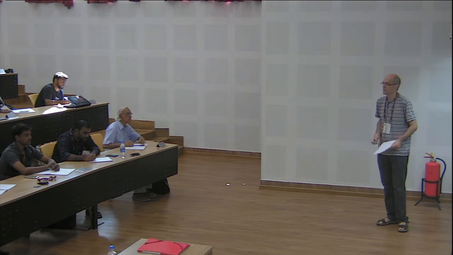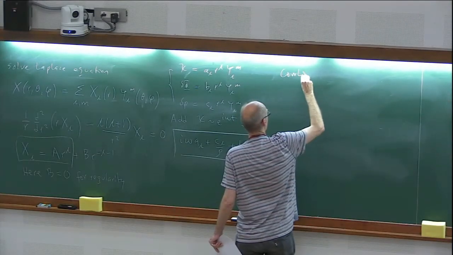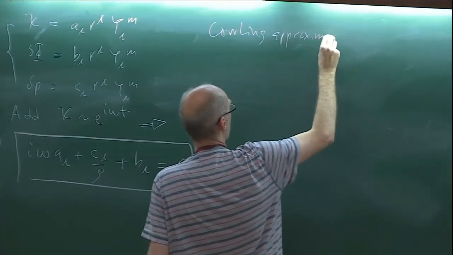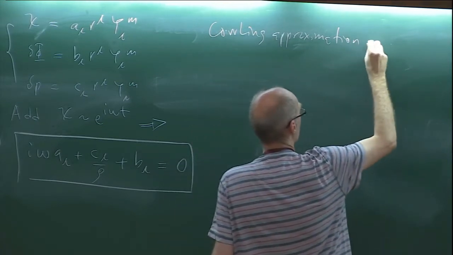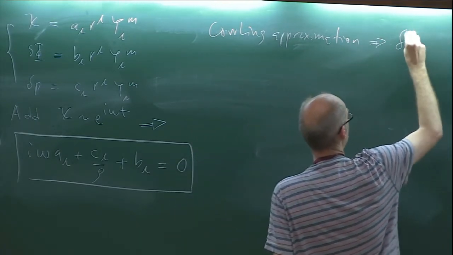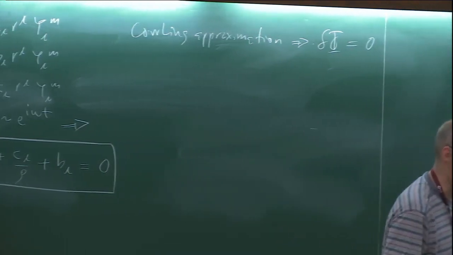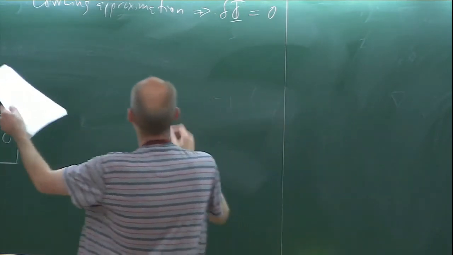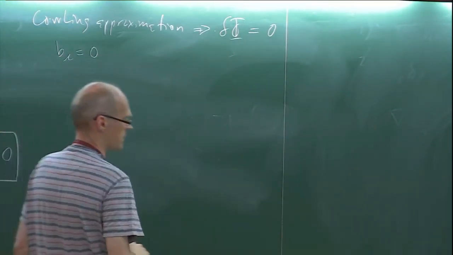I'm going to introduce something called the Cowling approximation. That is, in this case, just saying that the perturbed gravitational potential vanishes. And by implication, whatever this B is, I just drop it.